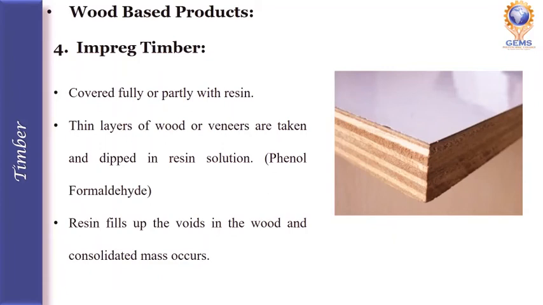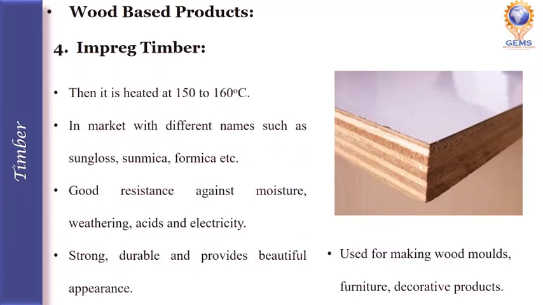Generally, the resin used is phenol formaldehyde. The resin solution fills up the voids in the wood and a consolidated mass occurs in the wood. Then that timber is heated at 150 to 160 degrees Celsius and finally impreg timber is developed.